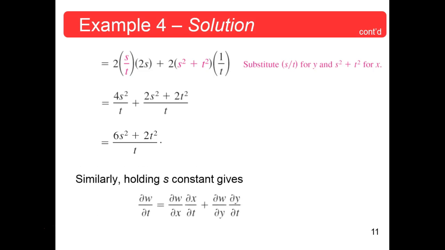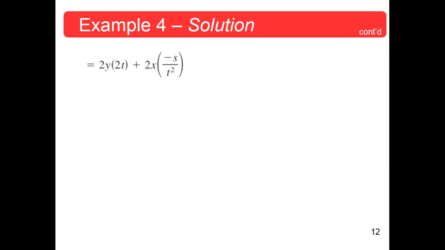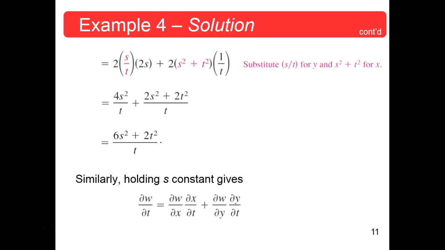Then you do the same thing holding s constant and taking the partial with respect to t, and you get partial of w with respect to x times partial of x with respect to t plus partial of w with respect to y times partial of y with respect to t. Plugging in those, it's the 2y. That's the same partial of w with respect to x that we had before, and the same partial of w with respect to y.